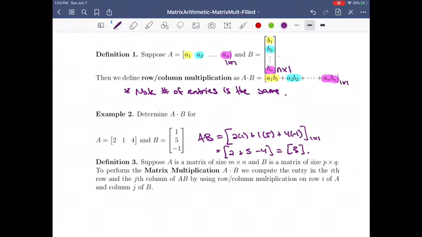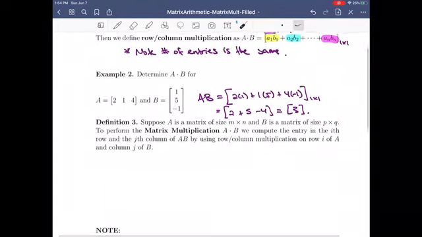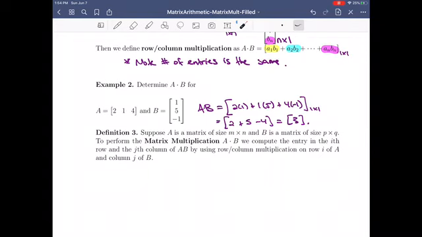When we do matrix multiplication for bigger matrices, here we have matrix A of size m by n, and matrix B of size p by q. We're going to use this row column multiplication to compute each entry of our new product matrix.